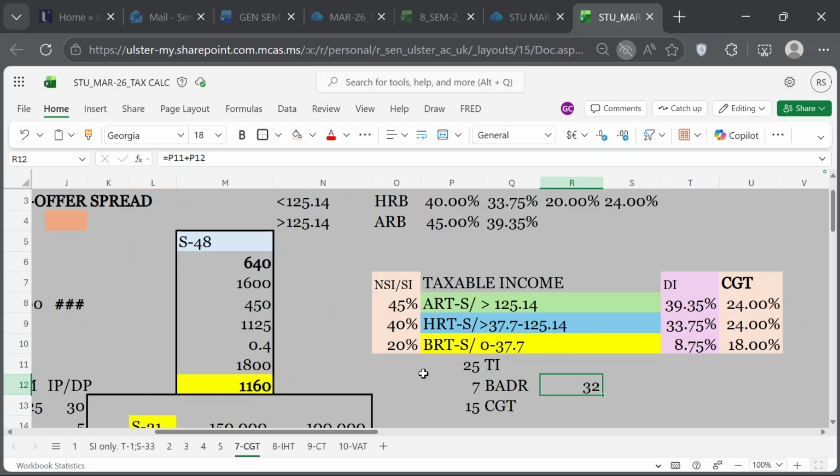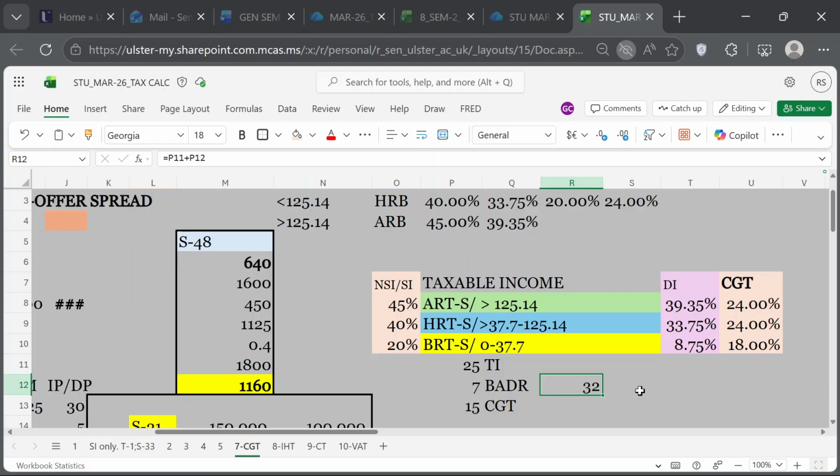So now here you have 25 of taxable income. Then you are forced by this rule to use the balance of the BRT, the basic rate band. You have to use it for the BADR. So you have 7 of BADR, which means now your total income assessed to tax has already become 32.